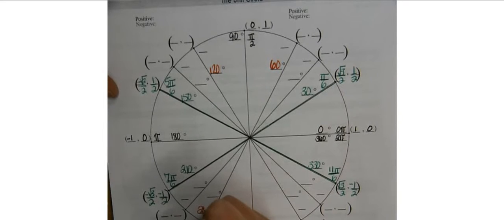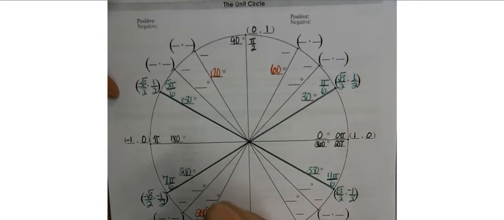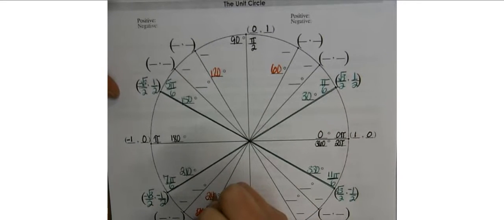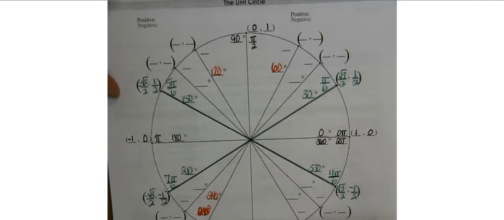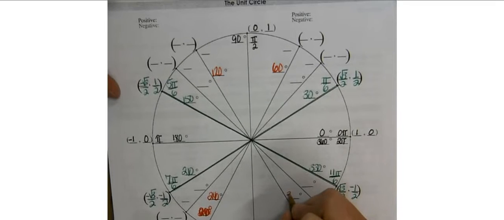Adding another 60 degrees will bring us to 180. Adding another 60 degrees will bring us to 240 degrees. And then from here, adding another 60 degrees will bring us to 300 degrees. And then we're back to 360 degrees. So these are all of our 60-degree angles.